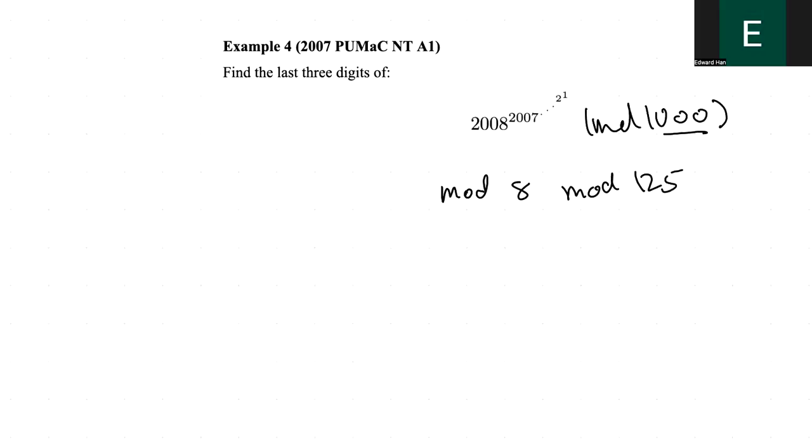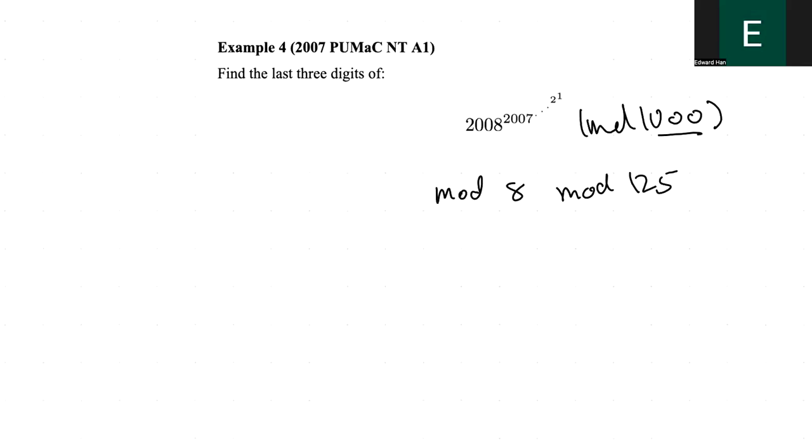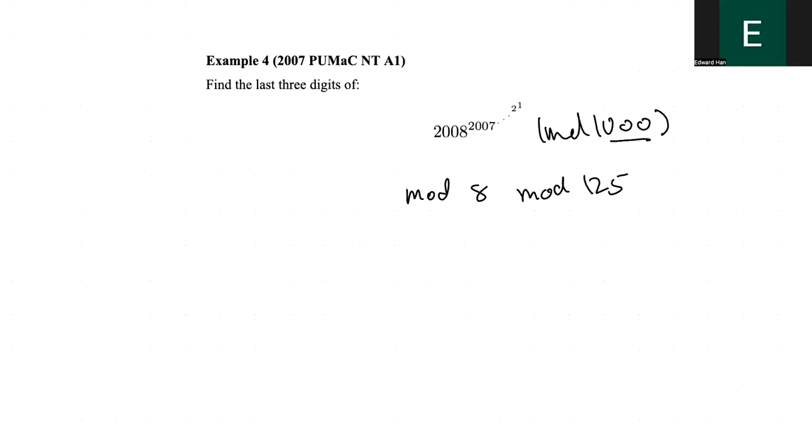In general, in these types of problems, if you cannot calculate it directly, you do a CRT first, and then you take Euler's theorem or FLT on the other half. That's the general strategy. Otherwise, you think about it if that doesn't work.